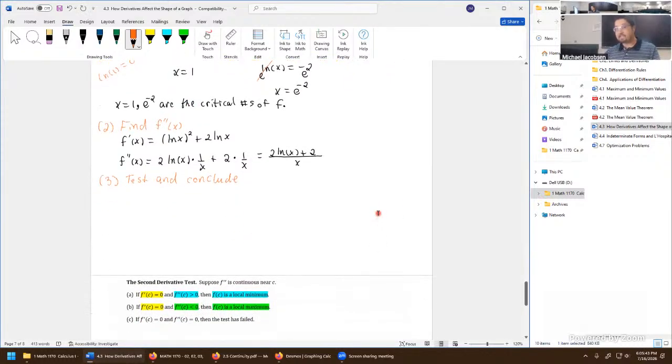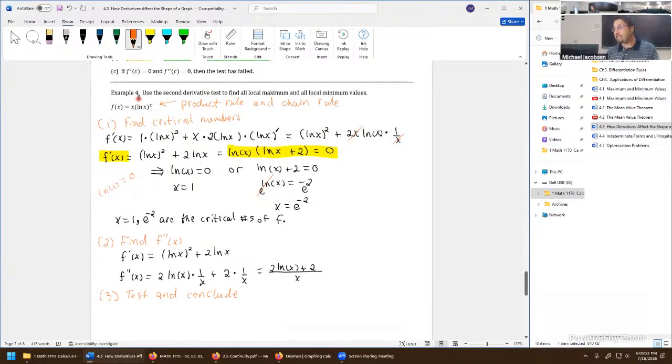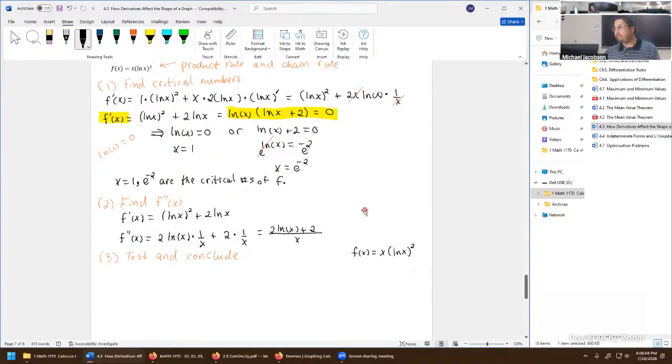So we're ready to test and conclude. But to do that, we have to recall what was the original function in the very first place. So let's bring that down. It was x natural log x squared. So just as a reminder, F of x is x natural log x squared. So once again, we're looking at 3 functions.